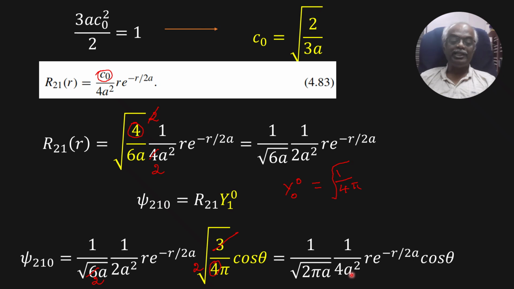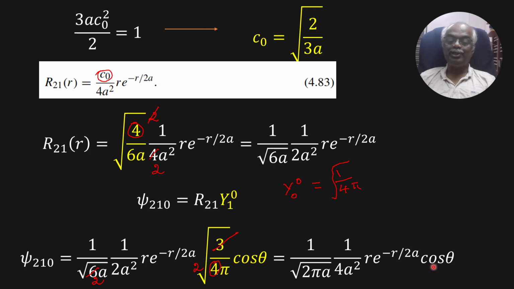So 1 over 4a squared. Here you have square root of 2a, here you have square root of pi. So this will become square root of 2 pi a and 1 over 4a squared. This 4 comes because 2 multiplied by 2. And r e power minus r over 2a cos theta.